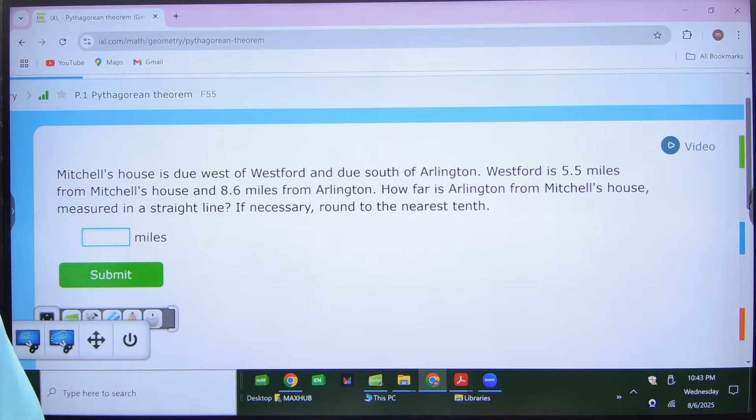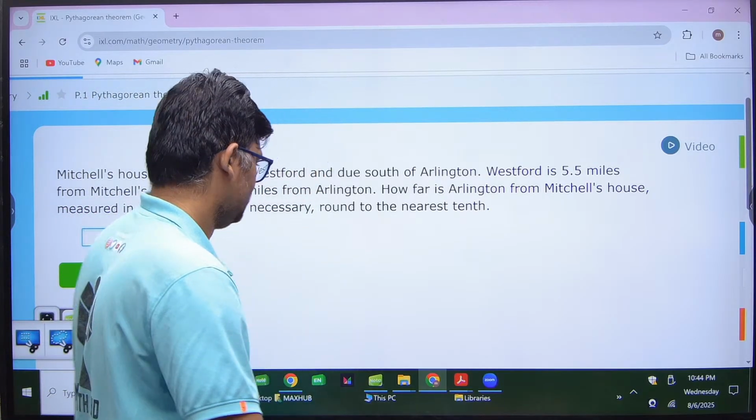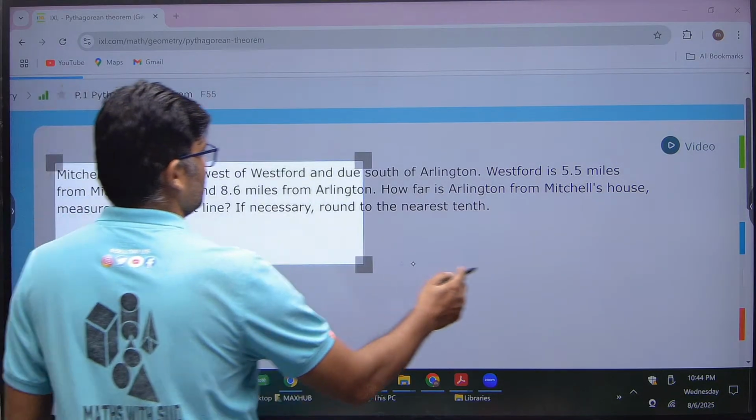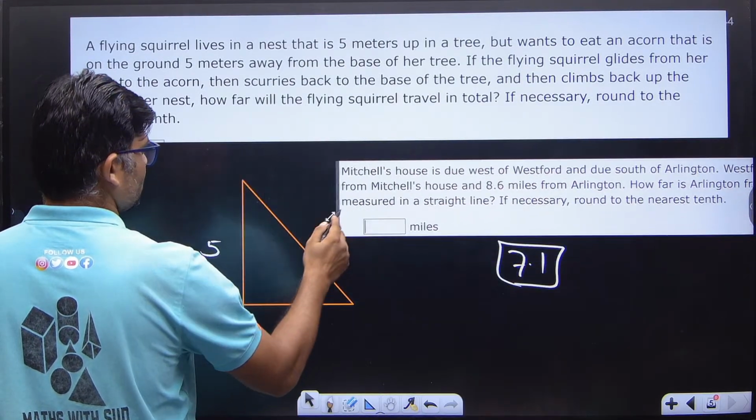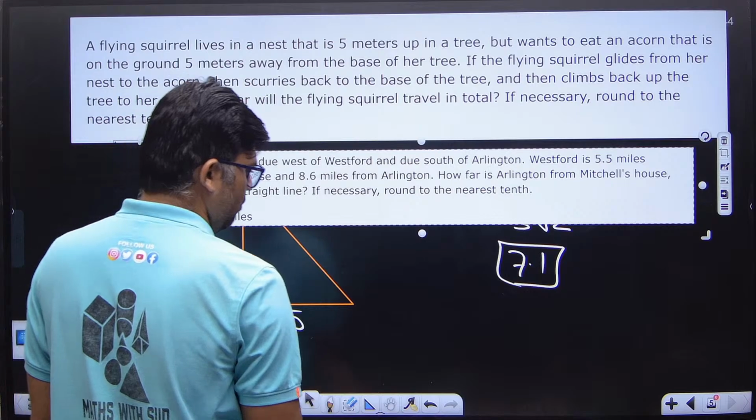So this is Westford and this is Arlington. Okay, so 5.5 squared is 30.25, and 8.6.